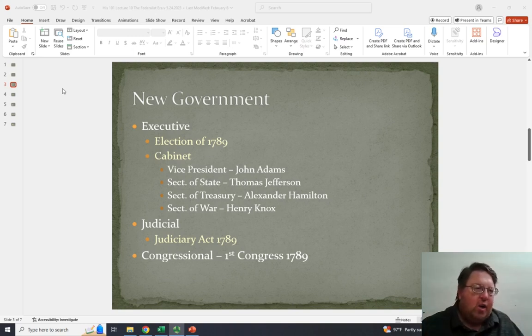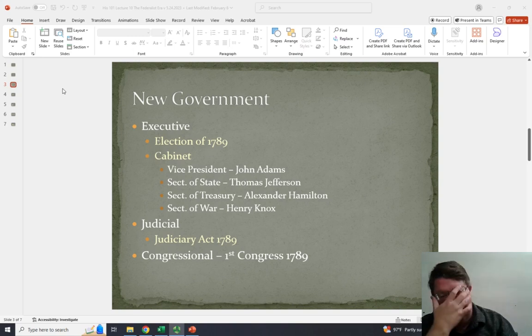The members of the first Congress were elected officials that heavily favored ratification of the U.S. Constitution. And so the first Congress are people that supported ratification, were excited about it, wanted to, let's go. There are very few members of the first Congress that didn't support ratification.